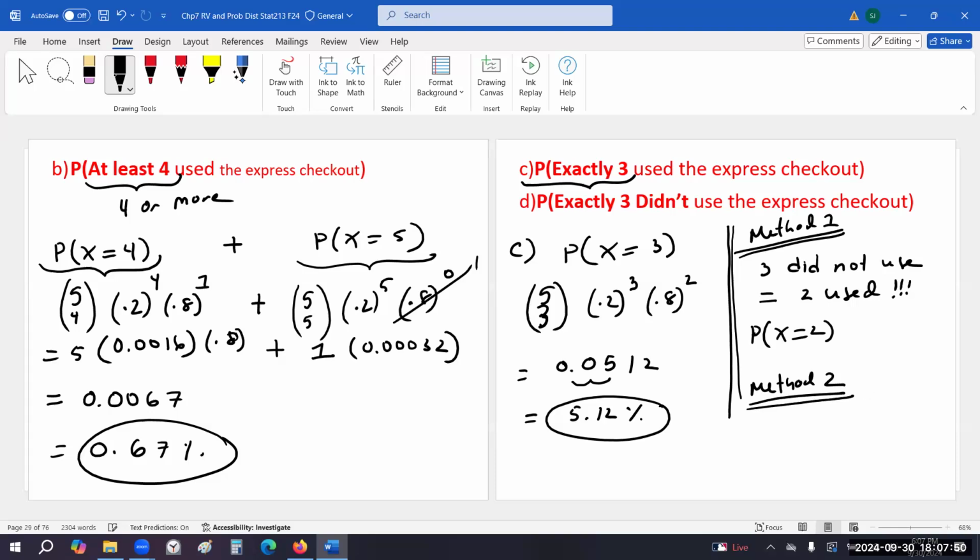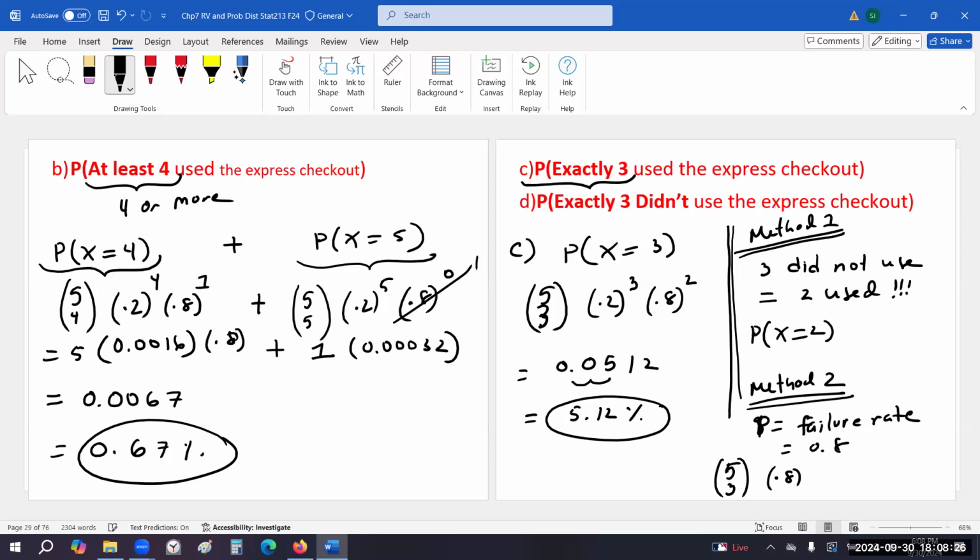Method 2. Since we are looking for did not use, that means we are looking at failure rate. So P is failure rate instead of success rate, which is 0.8. So we are thinking from 5, 3 people did not use.